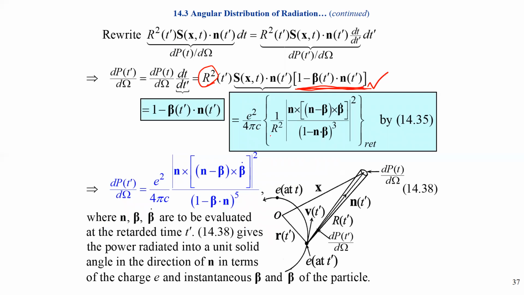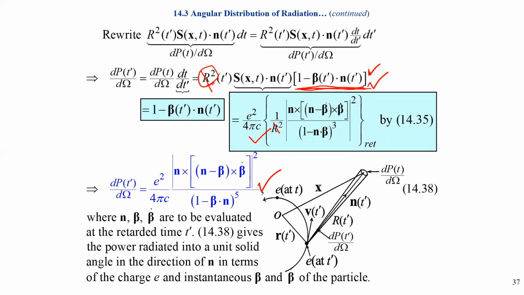It cancels with this one. Go back to, oh, Poynting vector is here. We have r squared here, so it cancels with this one. Therefore, eventually, in terms of power, we have e squared over 4 pi c, and then others are the same, except here. It should be r to the 6th order, but we have an extra term here.